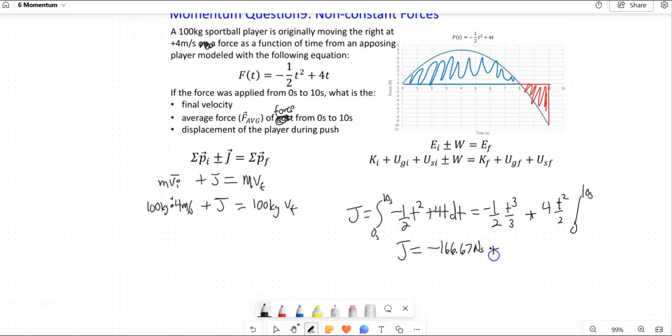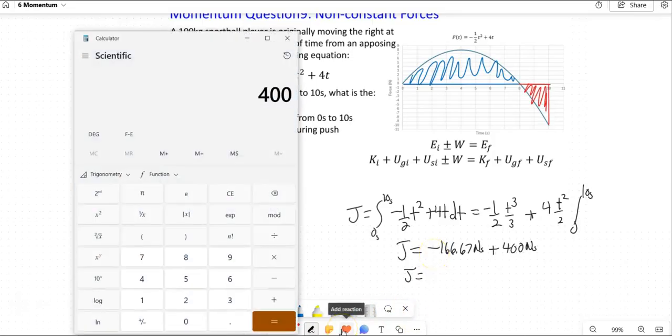And that's going to be plus 4 divided by 2, which is 2 times 10 squared. So that's going to be 400 Newton seconds. So the impulse is going to be 400 minus 166.67, which is 233.33.